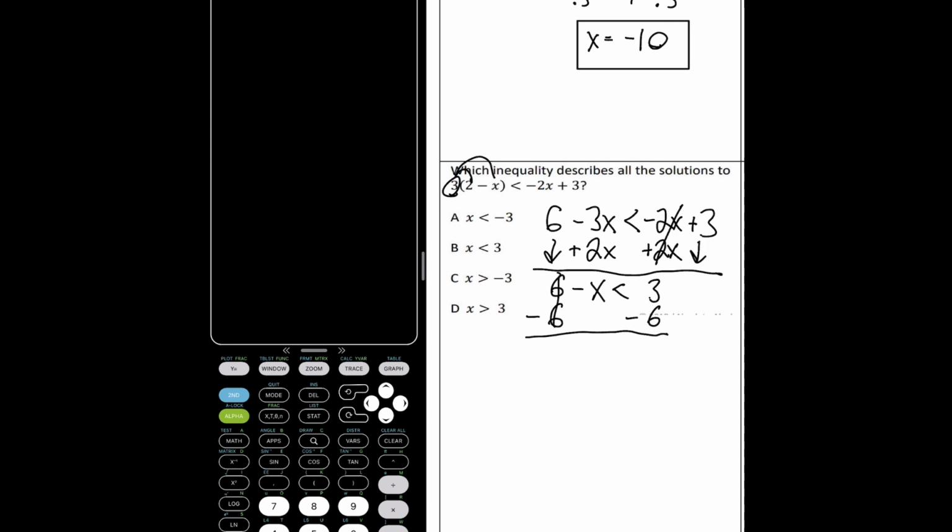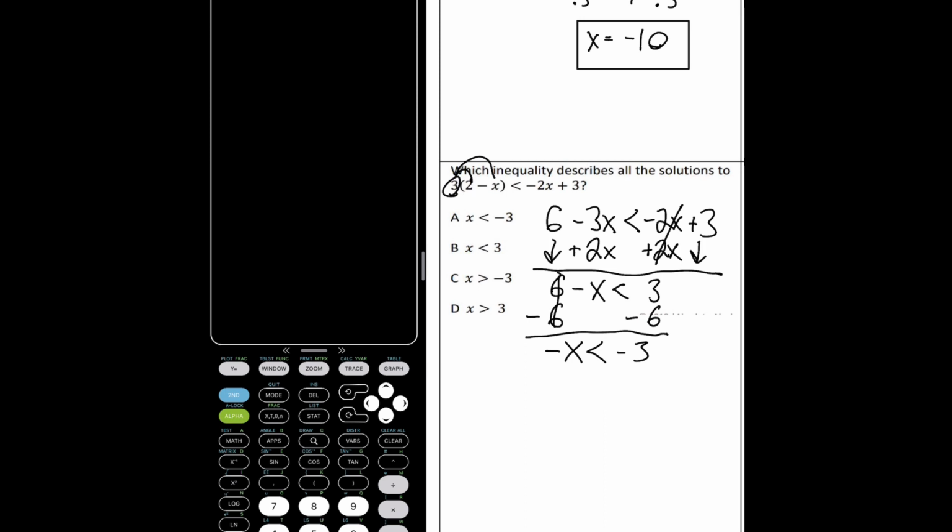They cancel each other out. I'm left with negative x is less than 3 minus 6, which is negative 3. Use your calculator if you're ever in doubt, or even better yet, just use your calculator so that you don't make a mistake. Even if you think you know, it's always a good habit to get into.